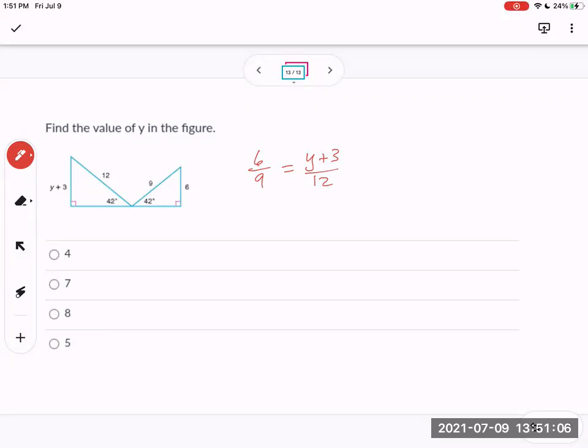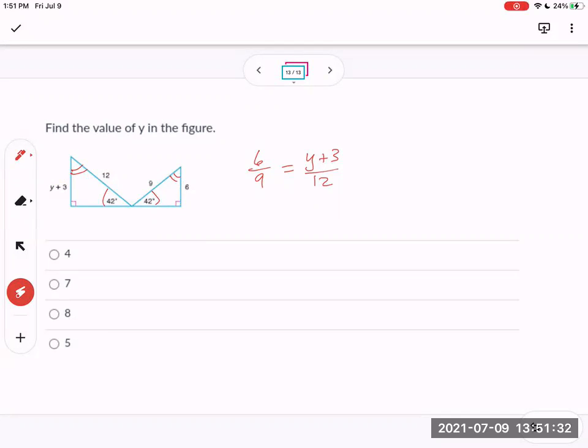Well, yeah, you know they have to be similar because you know those angles are equal to each other, and so you know that these ones have to be equal to each other. So they're similar triangles, which means they're proportionate. So this side is to this side as this side is to this side. Or like I wrote, this side is to this side as this side is to this side. You could do it either way.